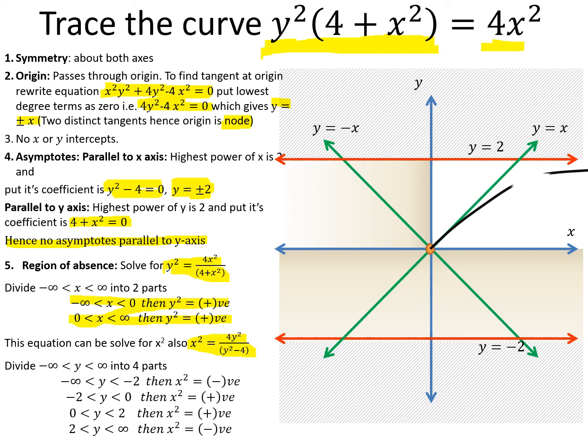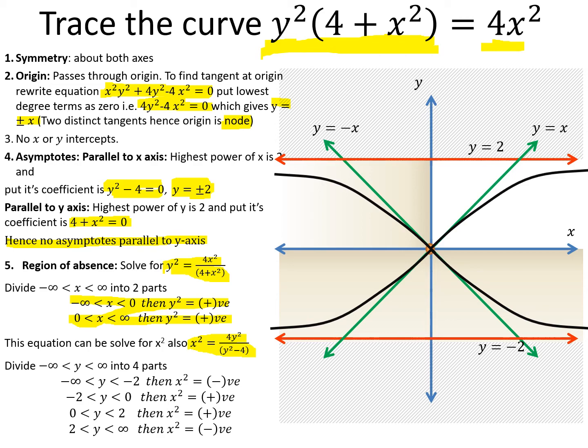Now you have to smoothly join this. So this is the curve in the first quadrant, because now curve is symmetric about x-axis. So curve will be exactly same as this below the x-axis. Now the curve is symmetric about y-axis also. So curve will be like this on the left hand side of the y-axis. So this is how your curve looks.